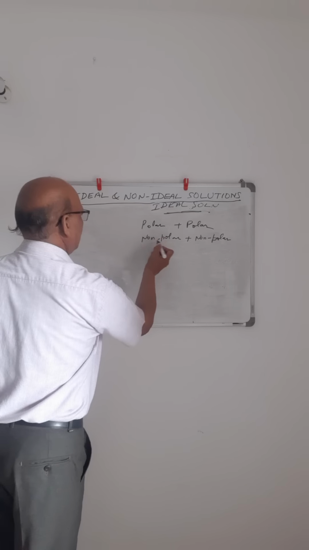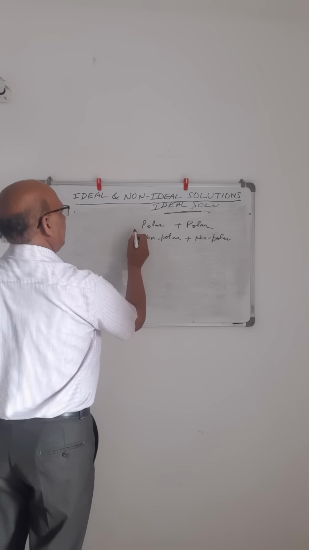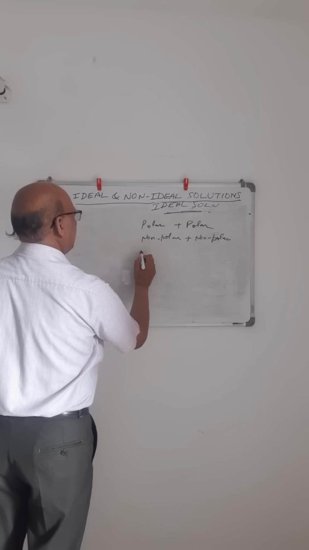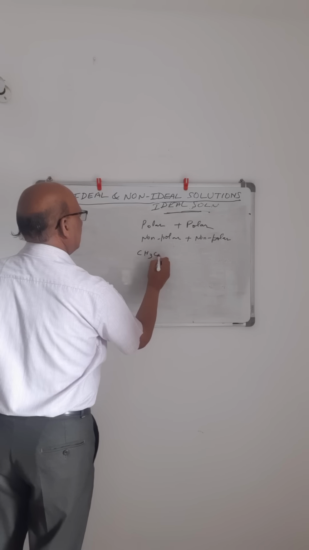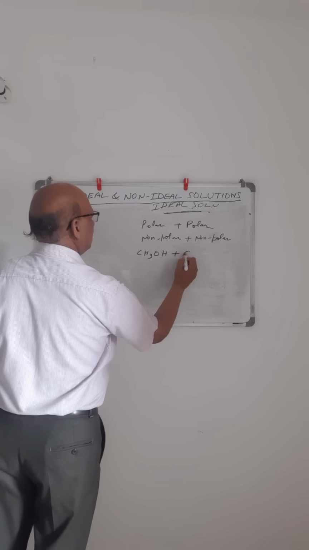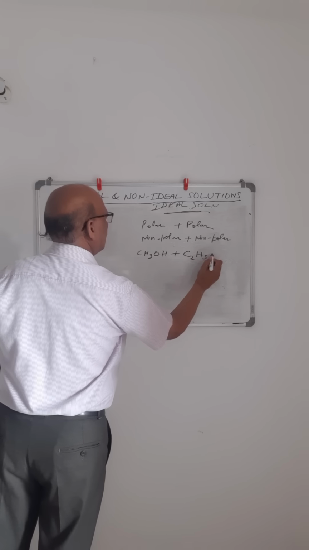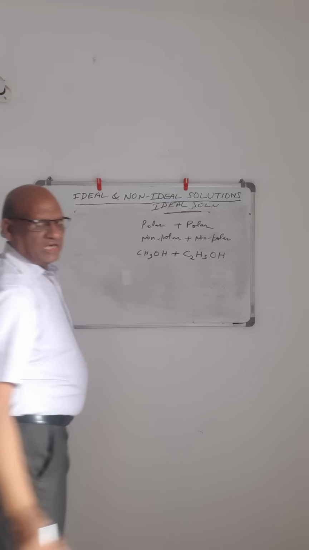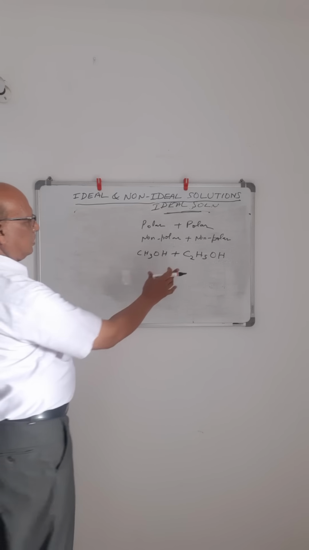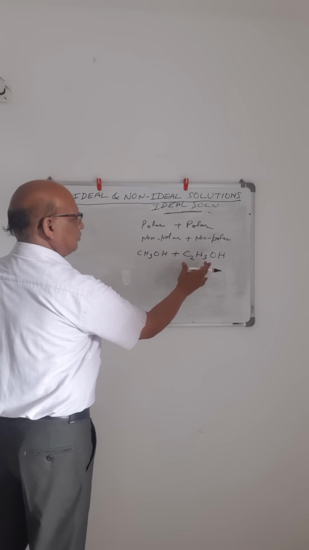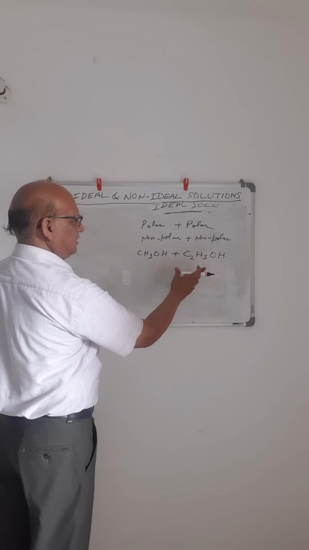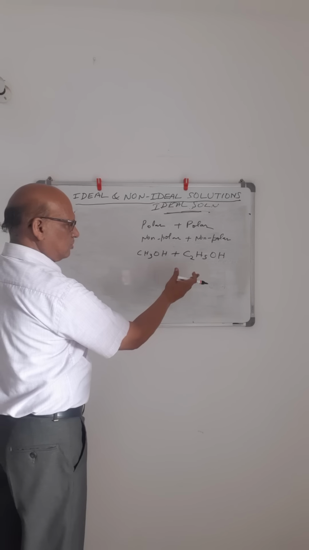So let us take some examples. Say I take the example of methanol plus ethanol. So they will form an ideal solution because both have hydrogen bonding of the same extent and both are polar molecules.